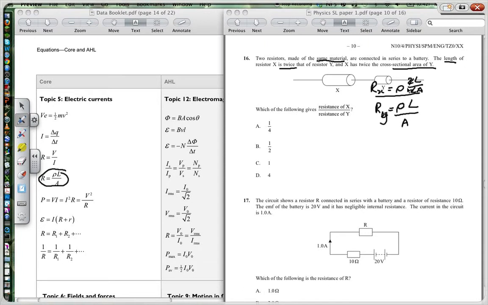So those two will cancel. So in actual fact we've got exactly the same thing, so the resistance will be the same. You can see that cancels, so this divided by that would equal 1. So your answer is actually C. 16C.